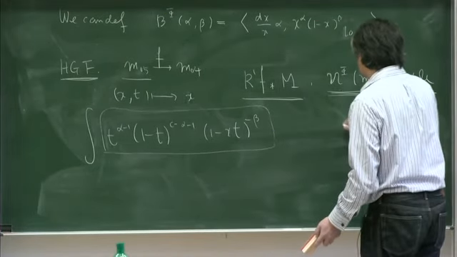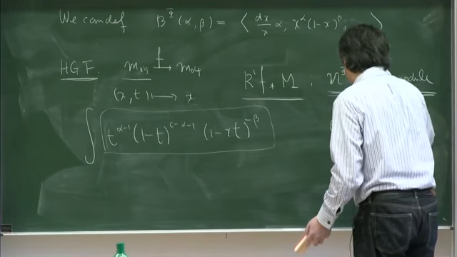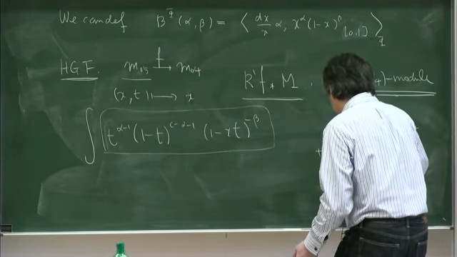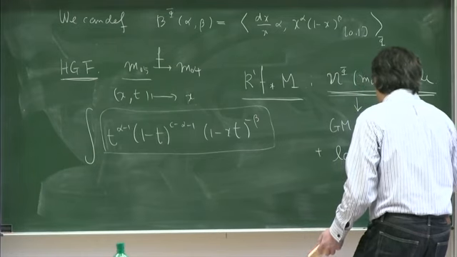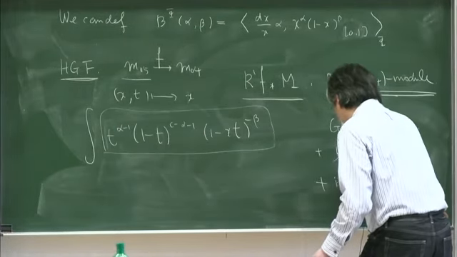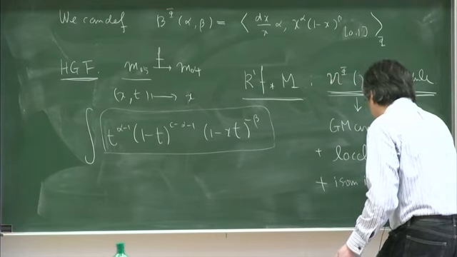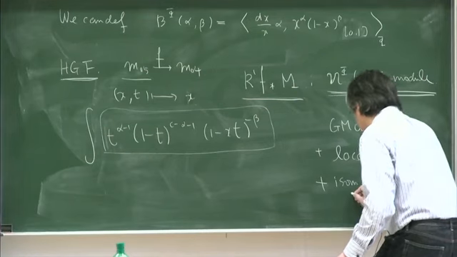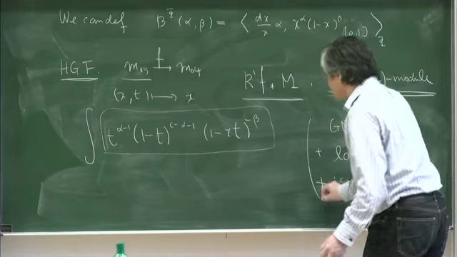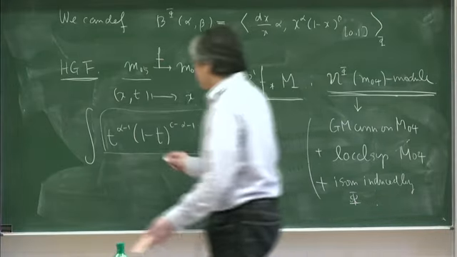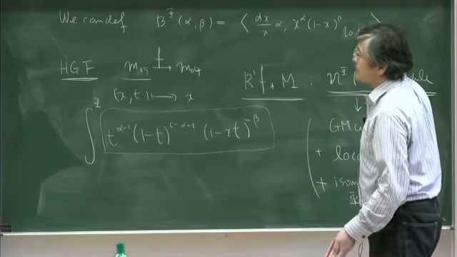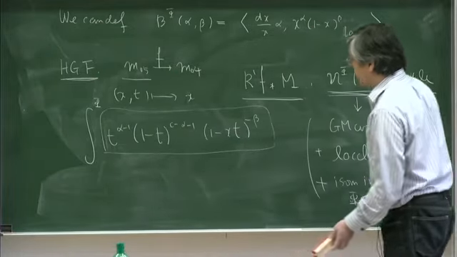The data of this module is a Gauss-Manin connection on M04 plus a local system on M04 plus some funny isomorphism induced by the associator phi. So we can define this phi relative cohomology also.